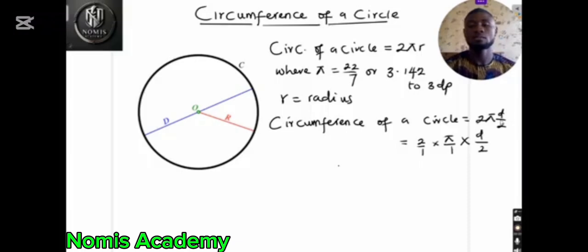Remember that r is diameter divided by 2. So we are trying to justify it. 2 here 1, 2 here 1. So it becomes pi d.